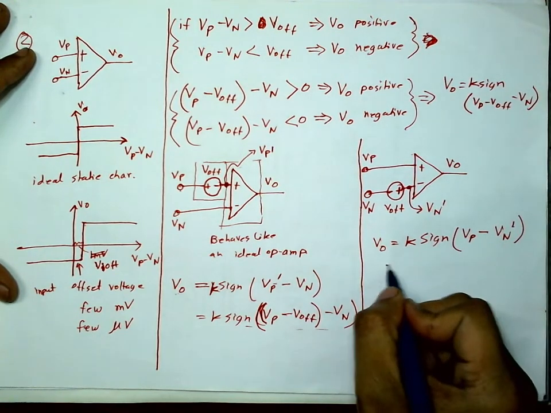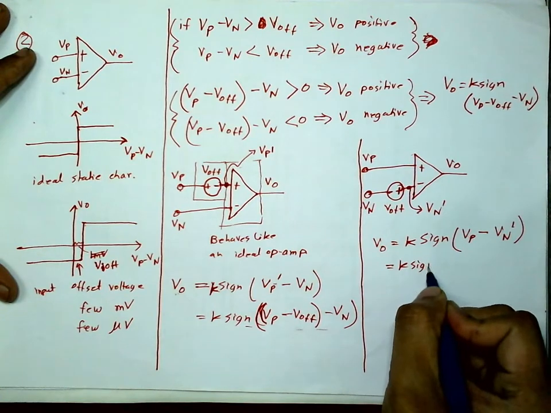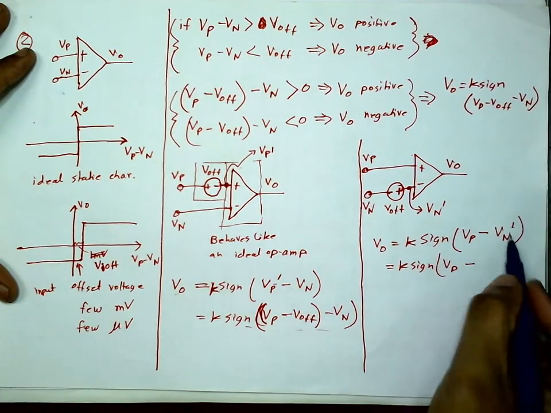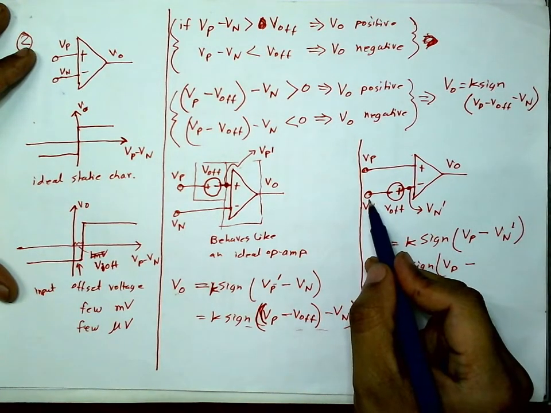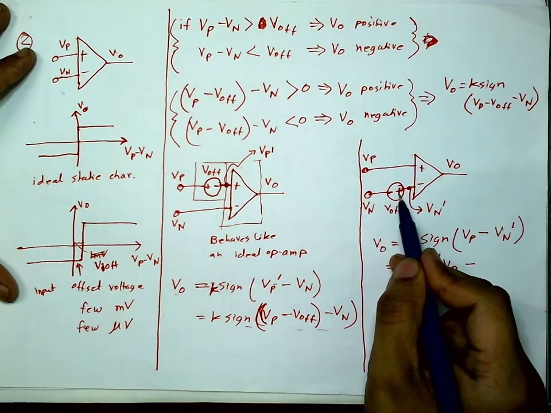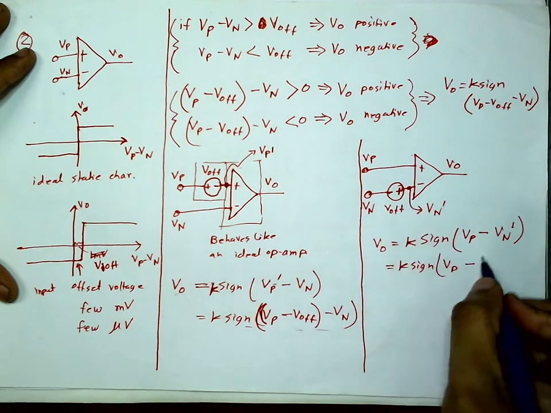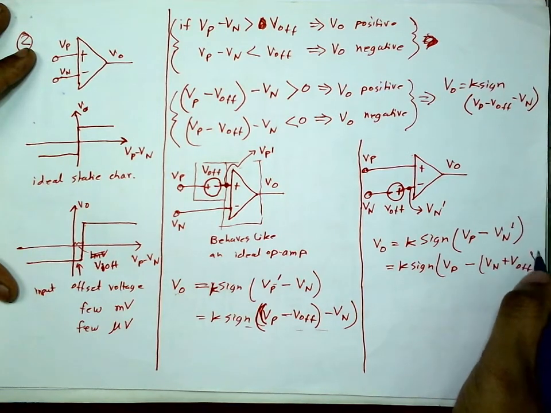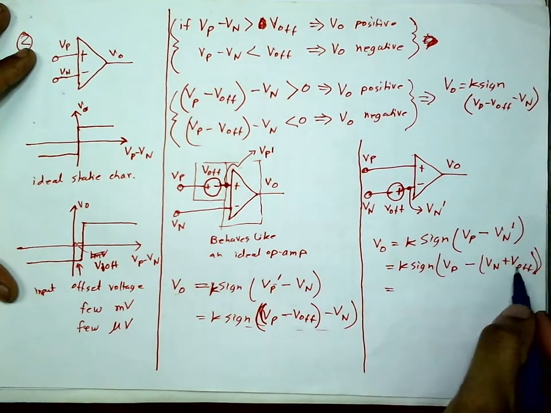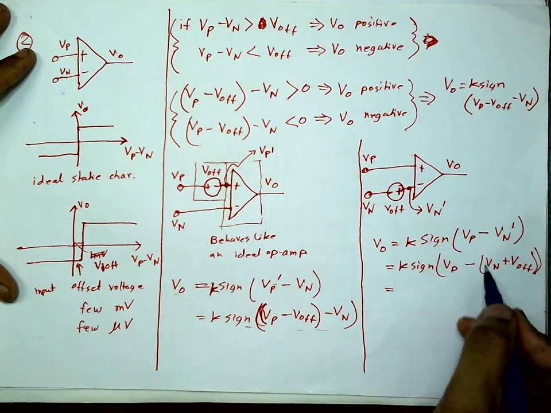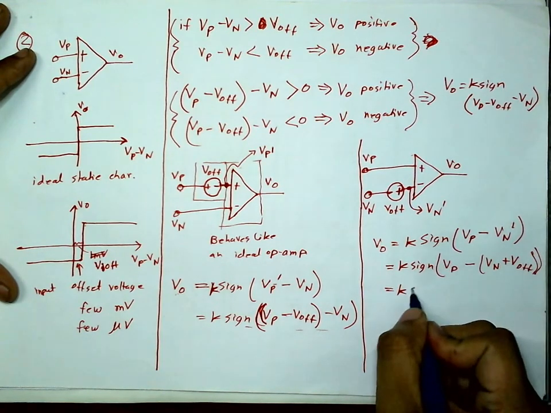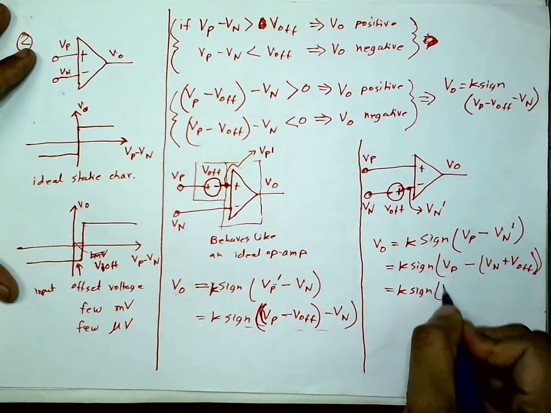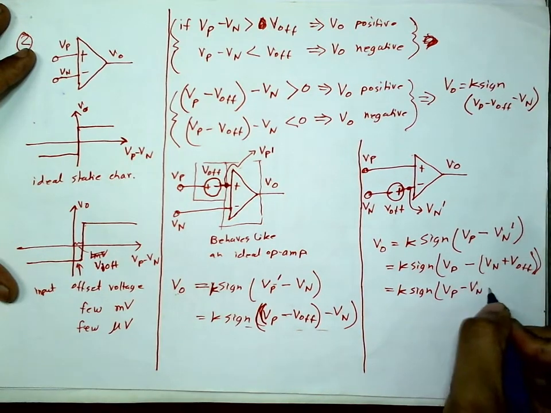Now this is the same as Vp minus, what is Vn prime? Vn prime is Vn plus V off. So let me take this bracket out, then you'll see this is the same, Vn plus V off.